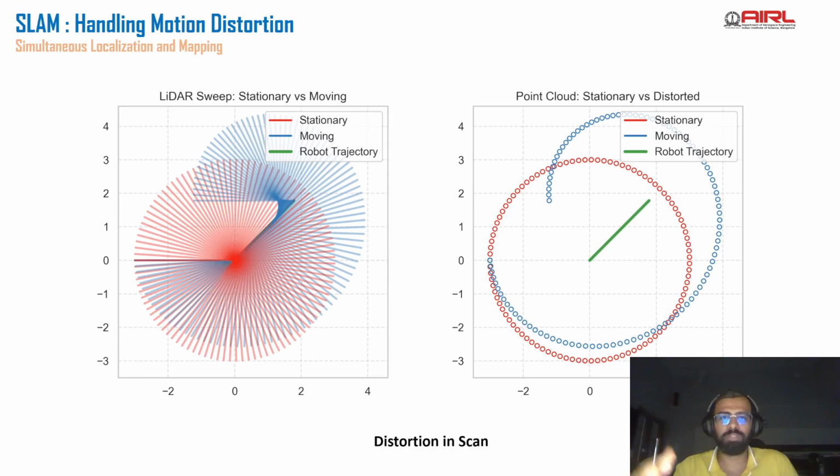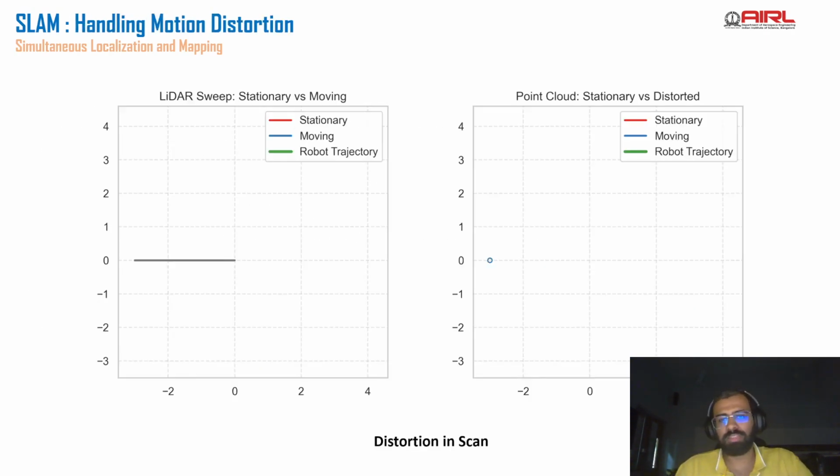Now, the speed at which the object is usually moving versus the rotational speed of my LiDAR dictates how much this distortion is going to be. Usually, LiDARs run at 10 hertz of rotation speed. A new scan comes at 10 hertz, so every one tenth of a second you do one full revolution. Considering that, if your speed is even around 30, 40 kilometers per hour, you could get a little bit of motion distortion for sure.